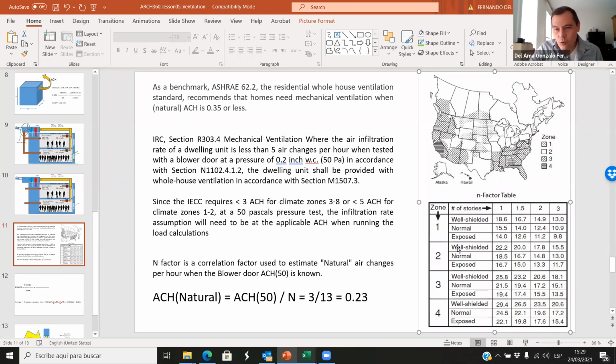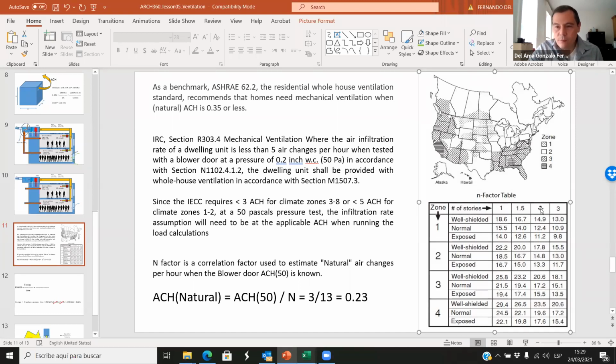So if we are not working in the middle of a city, or if we are not working in these conditions, I would use normal. And this N factor in zone 2 with a normal exposure is 14.8. No, sorry, this is the number of stories. So this is the zone, this is the exposure, and this is the number of stories.